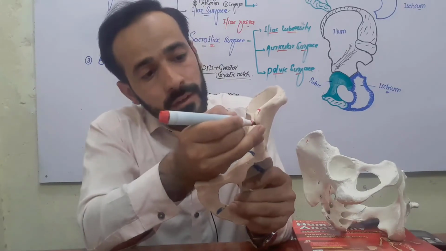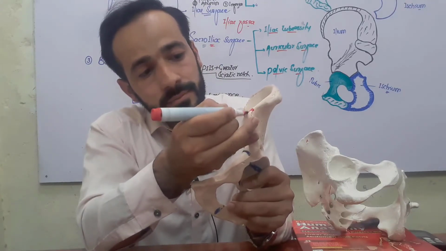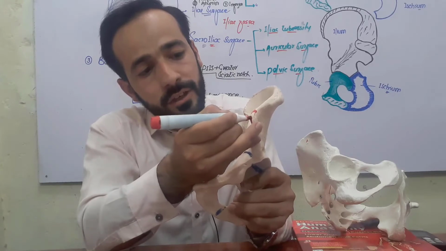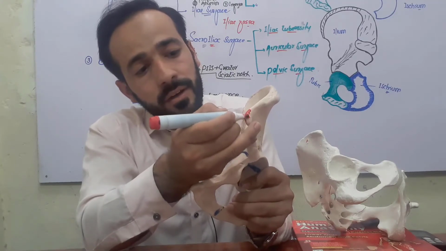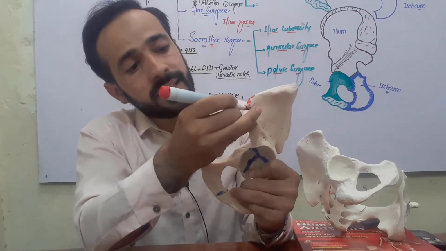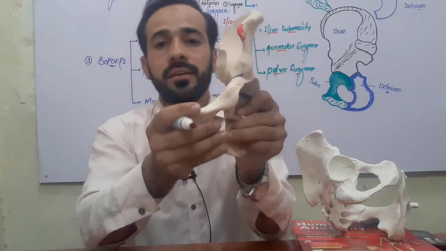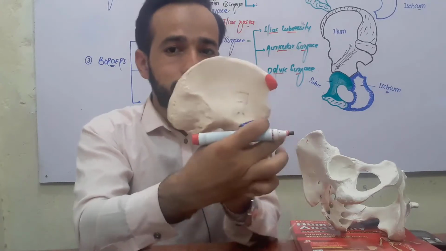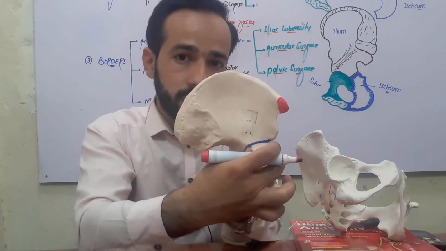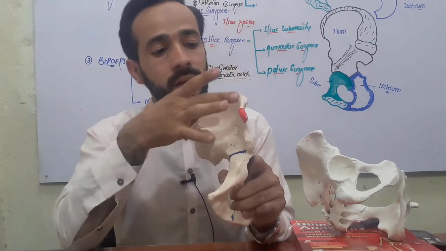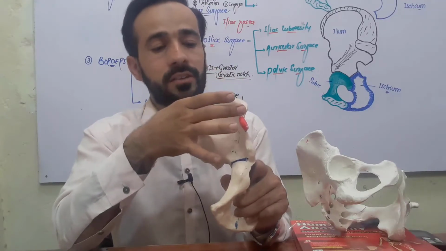This part is the anterior part, and I had told you it is called the anterior superior iliac spine, right? So this is the anterior superior iliac spine. Then there was the ventral segment.